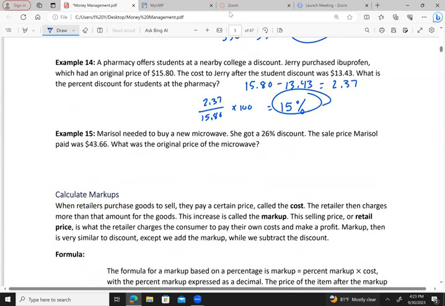Okay, next, Marisol needed to buy a new microwave. She got a 26% discount. The sale price Marisol paid was $43.66. What is the original price? Again, we can look at this as the original price times 1 minus the discount in decimal form equals the final price, sale price.